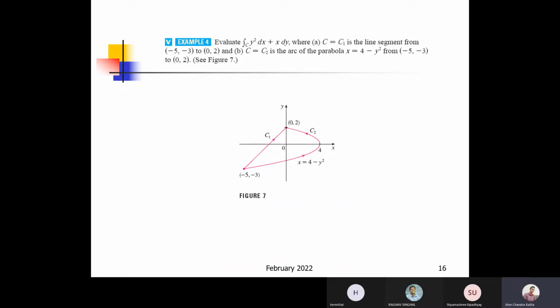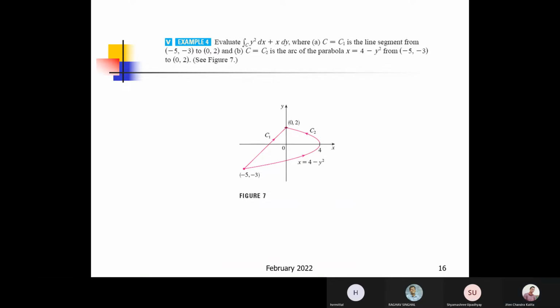Let me note down the problem. Please see: the integral of y squared dx plus x dy, where C is C1 first, then C2.